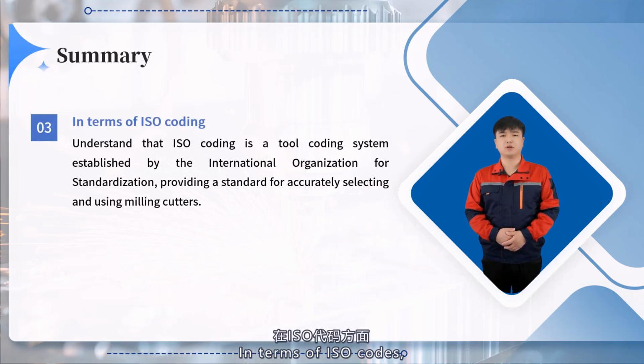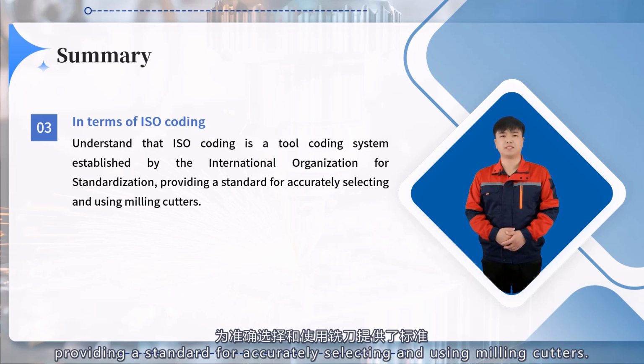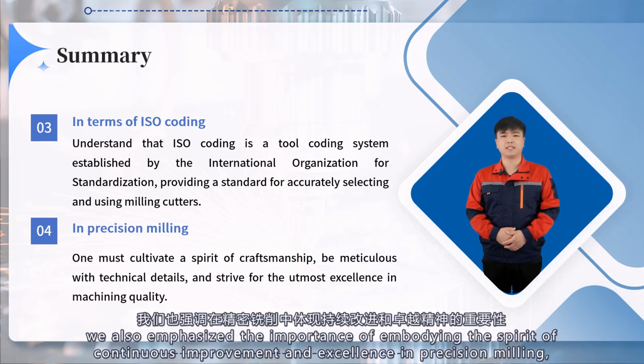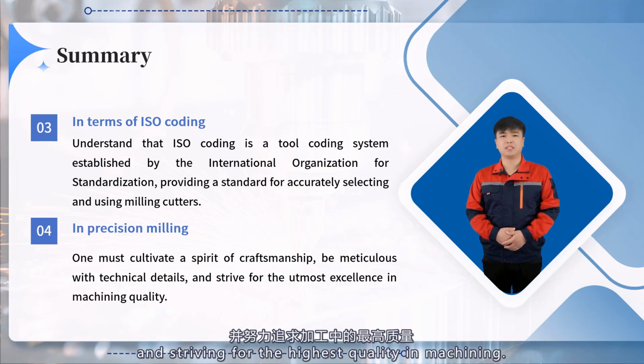In terms of ISO codes, we learned that the ISO code is a tool coding system established by the International Organization for Standardization, providing a standard for accurately selecting and using milling cutters. At the same time, we also emphasize the importance of embodying the spirit of continuous improvement and excellence in precision milling, meticulously attending to technical details, and striving for the highest quality in machining.